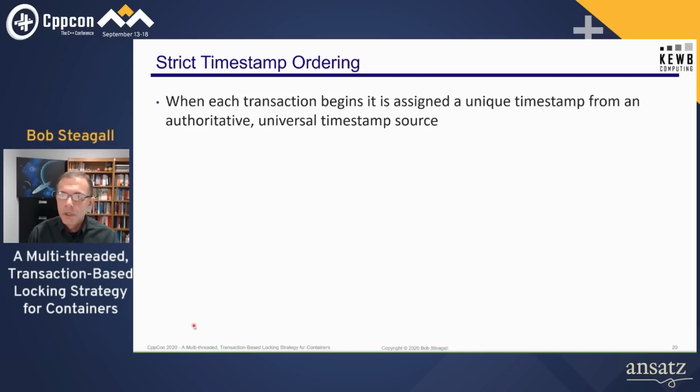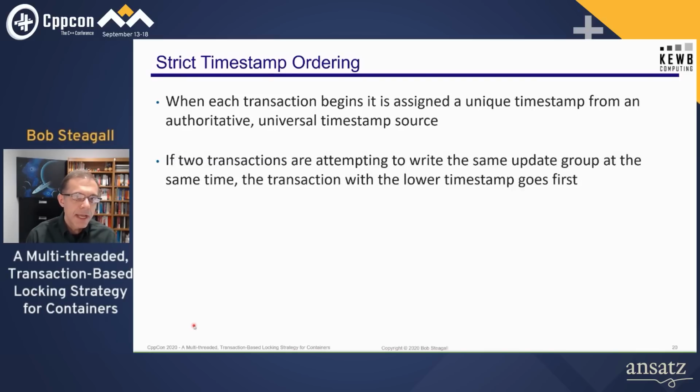So in general, when a transaction begins, it's assigned a unique timestamp. And for this to work correctly, the timestamp has to come from an authoritative universal timestamp source. Every entity that's using a timestamp has to agree on where they're getting timestamps from.